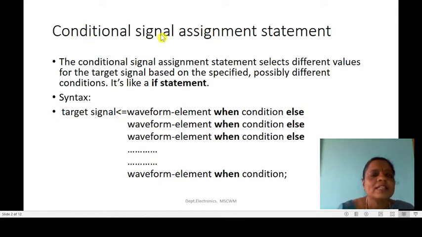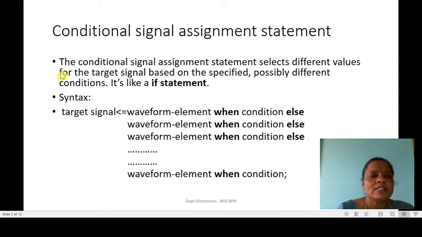Depending on the condition, this assignment statement is going to execute and that value is assigned to the signal. That is why it is called a conditional signal assignment statement.